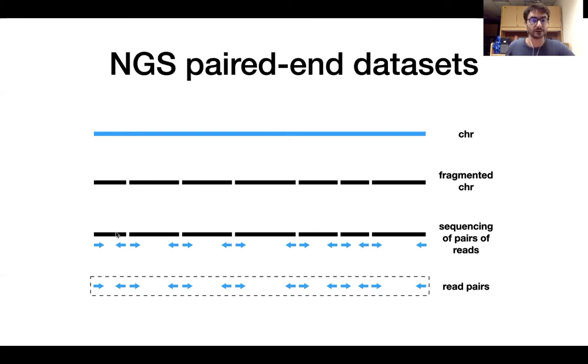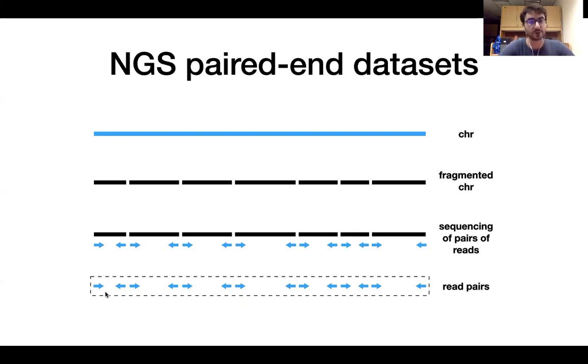So you can see here, we have a few fragments in black, and for each fragment, the machine will produce a read from the left end and a read from the right end. A read is a very small piece of DNA, normally around 100, 200, maybe 300 base pairs. At the end of the sequencing process, what the machine outputs is just pairs of reads.